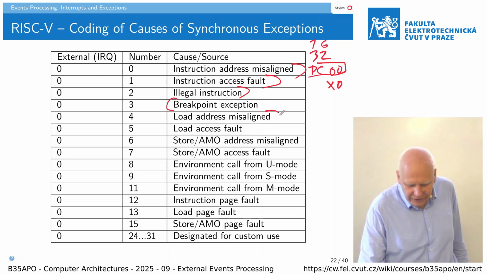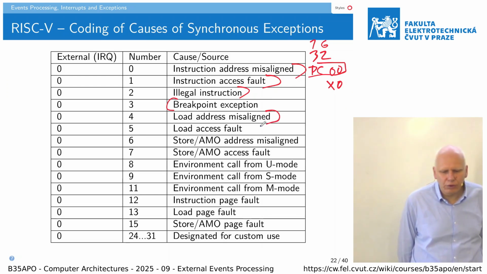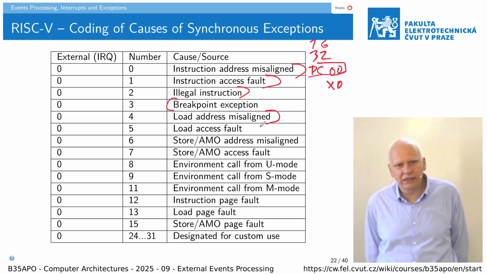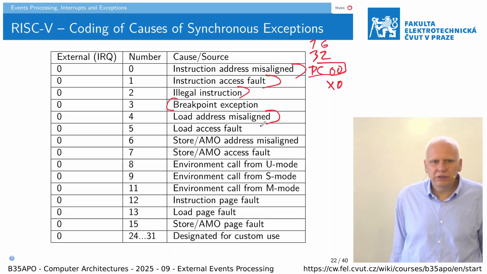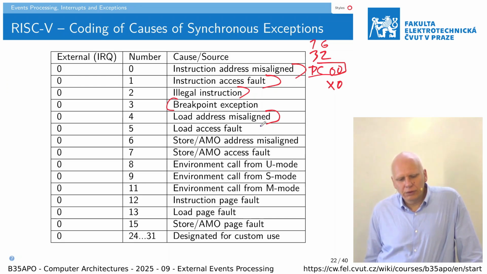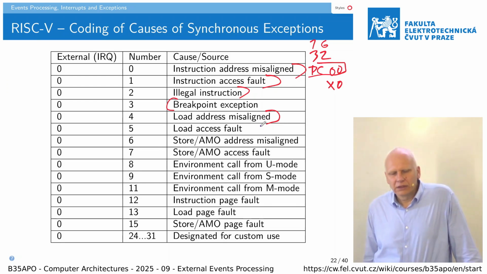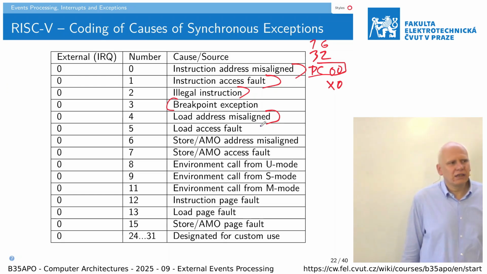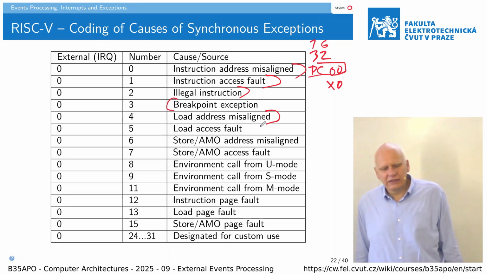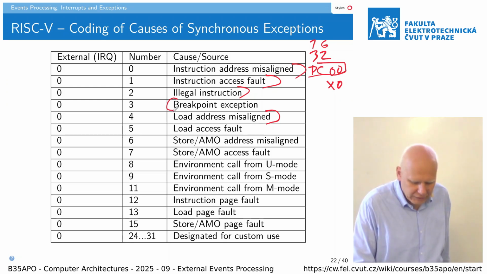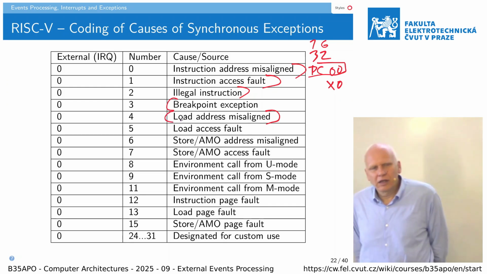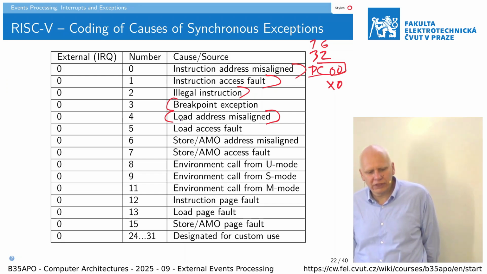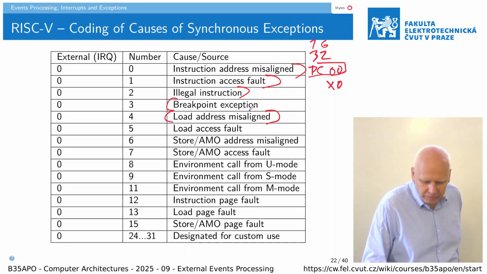Then we can have there information that we attempt to load data from a misaligned address. So this means, for example, that we want to load a 32-bit value from an address which ends with 2 or something like that. In general, RISC-V defines that the standard code should work with misaligned addresses and that they should be somehow supported, but sometimes you want to detect such accesses because they are slower.